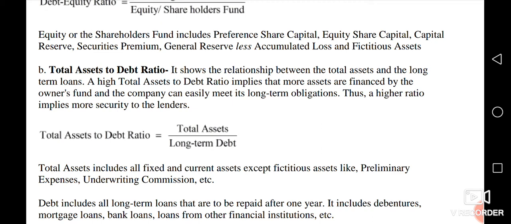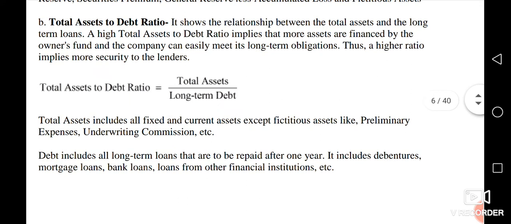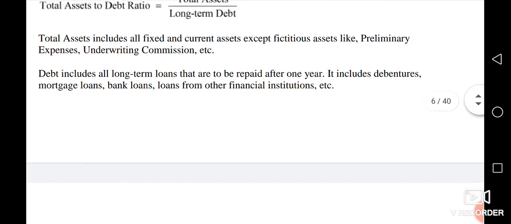The total assets to debt ratio equals total assets upon long-term debts. Total assets include all fixed and current assets except fictitious assets like preliminary expenses, underwriting commission, etc. Debt includes all long-term loans that are to be repaid after 1 year. It includes debentures, mortgages, bank loans, loans from other financial institutions, etc.